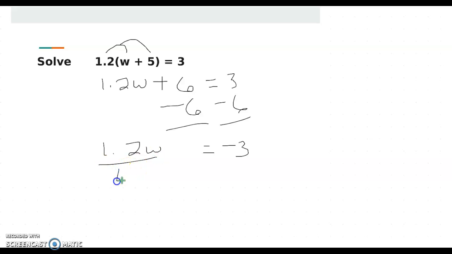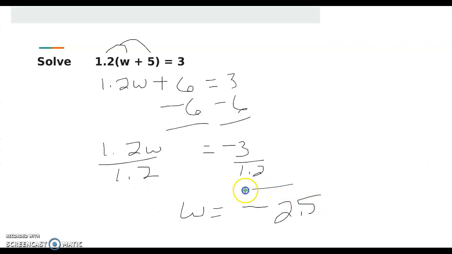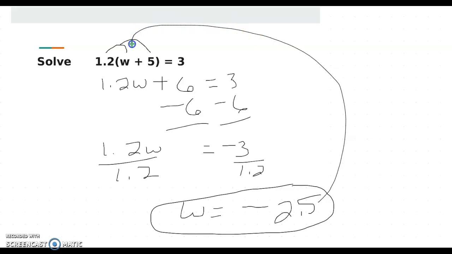I'm going to divide by 1.2 on both sides. Use a calculator to help with that. Negative 3 divided by 1.2. Negative 2.5 is our answer. You can always check by taking your answer and going back up to the top and putting it in for the variable.